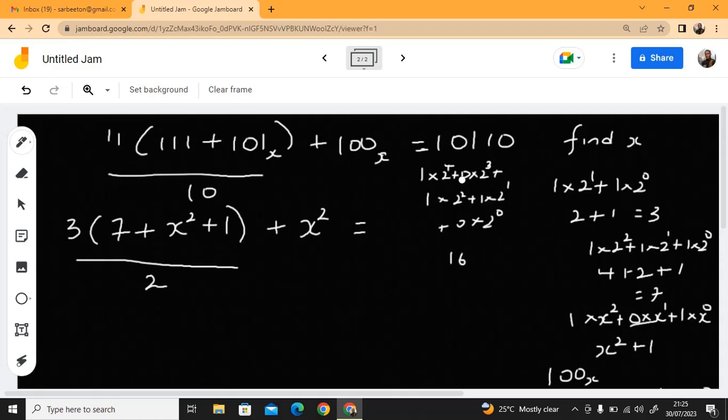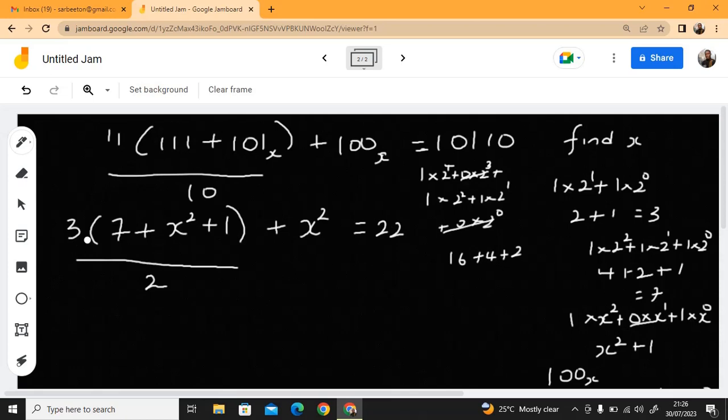Anything times 0 is cancelled out. 2 to the power 2 is 4. 1 times 4 is 4. 2 to the power 1 is 2. 1 times 2 is 2. Now 0 times anything is cancelled also. 16 plus 4 is 20. 20 plus 2 is 22. So when you change this one to base 10, you have 22.